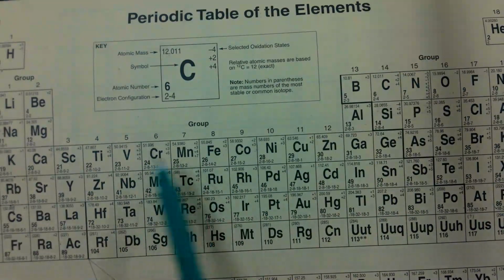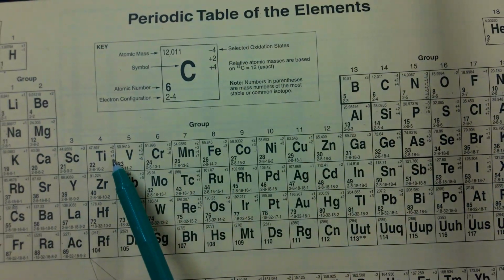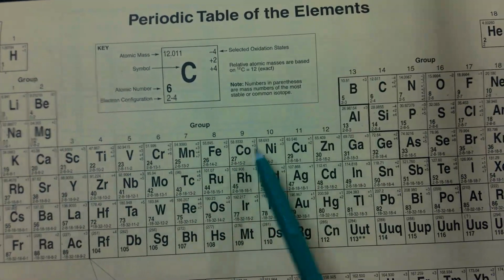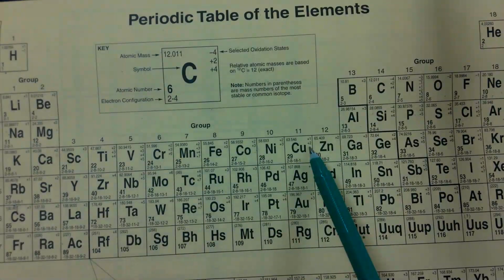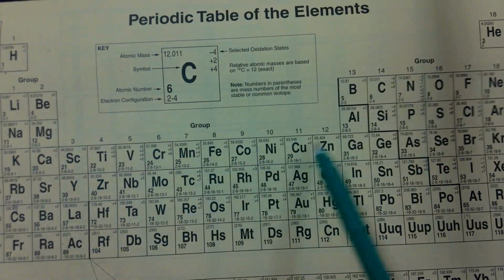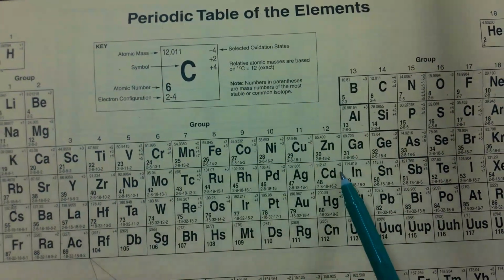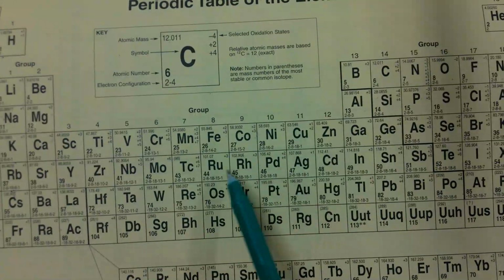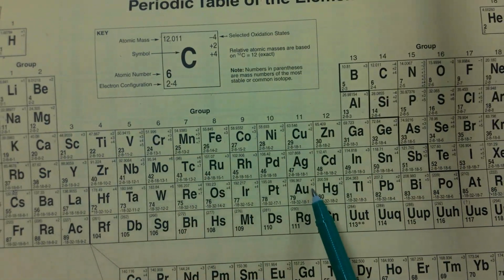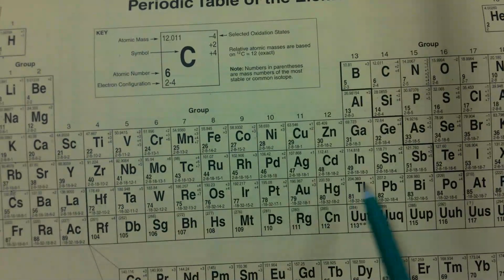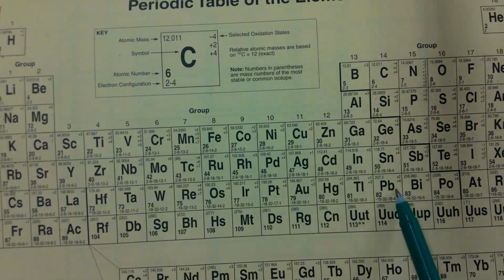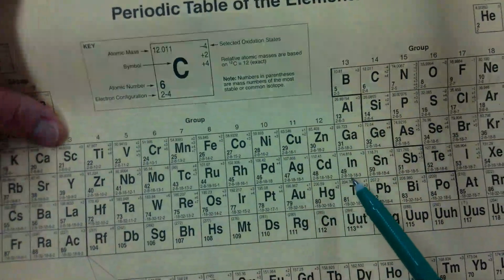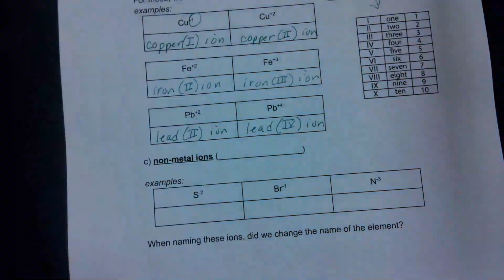Just to give you an idea, the most common ones are across the top: titanium, vanadium, chromium, manganese, iron, cobalt, nickel, copper, not zinc, not cadmium, not silver, palladium, gold, mercury, tin, lead. Those are the ions that you will need to specify what charge they are with a Roman numeral.